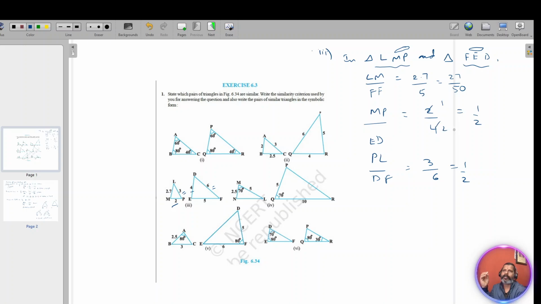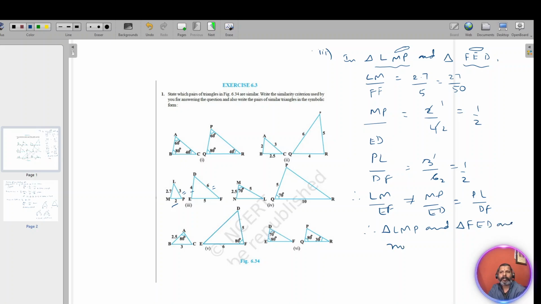Okay, 2 1s are 2, 2 2s are 4, 3 1s are 3, 3 2s are 6. Therefore, clearly we can say LM by EF is not equal to MP by ED, which is equal to PL by DF. Therefore, triangle LMP and triangle FED are not similar.